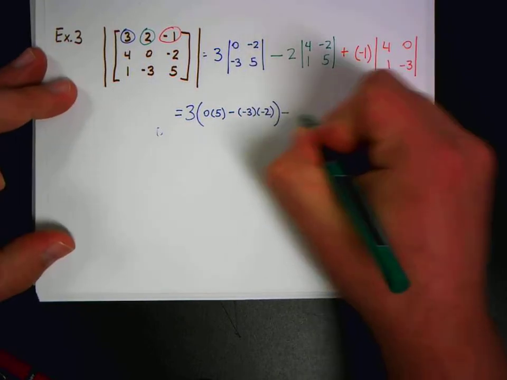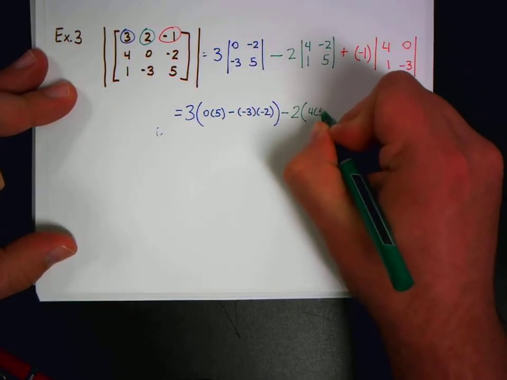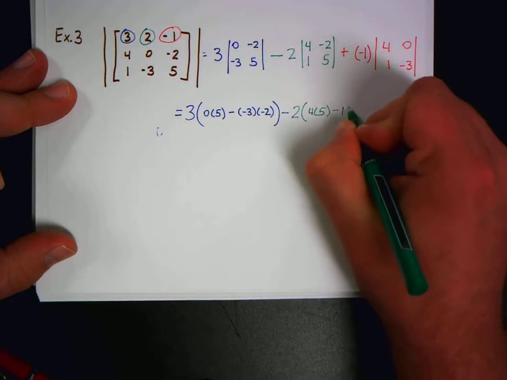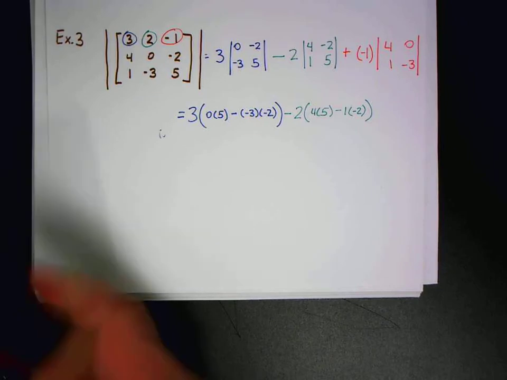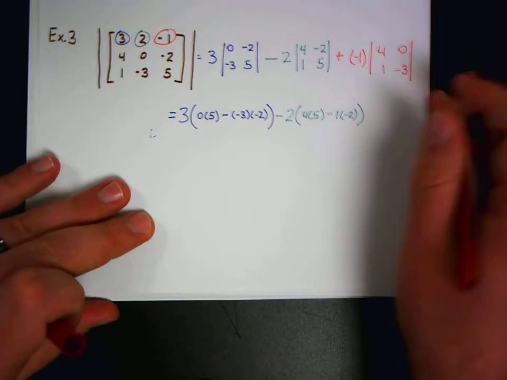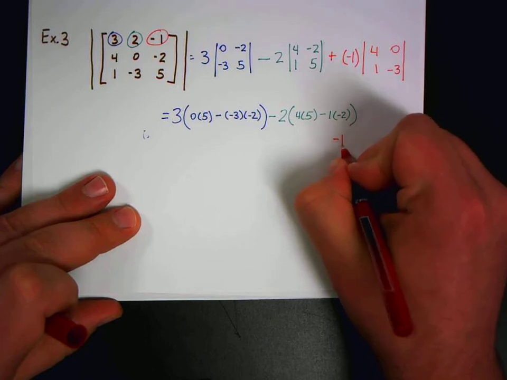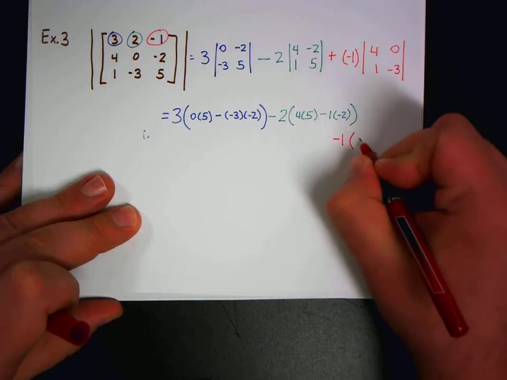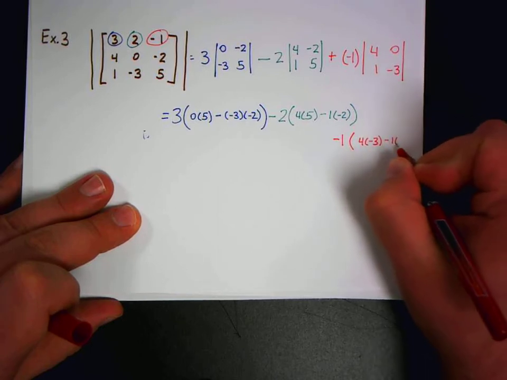Okay, minus 2 times the determinant of that, so that's 4 times 5 minus 1 times negative 2. Plus negative 1, so that's the same thing as minus 1 times 4 times negative 3 minus 1 times 0.